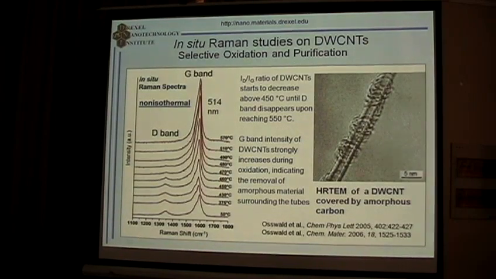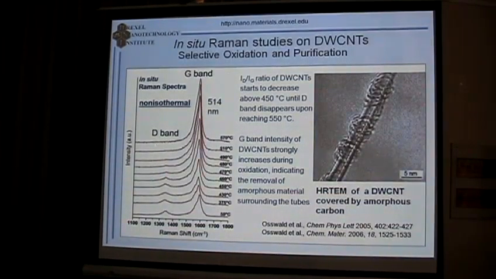You can go with 1 degree steps and see exactly what is happening. And you will find out that at a certain temperature, around 480, 490 degrees C, the band which comes from amorphous disordered carbon surrounding this double-wall nanotube sample completely disappears. And you get tubes which have no amorphous carbon. If you do it at the minimum temperature, just above 470 degrees C, you can remove amorphous carbon completely with no loss of carbon nanotubes at all.